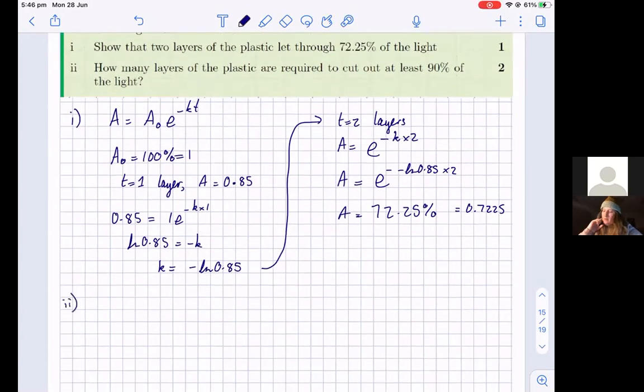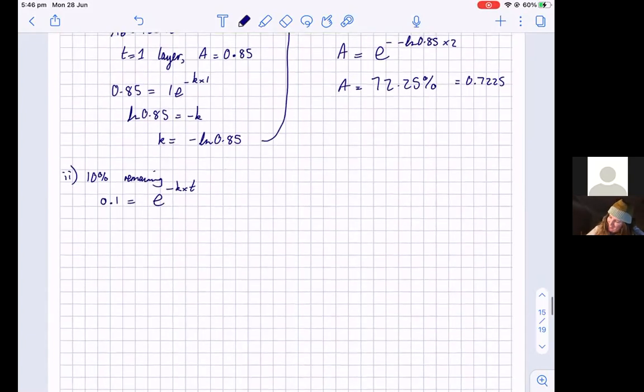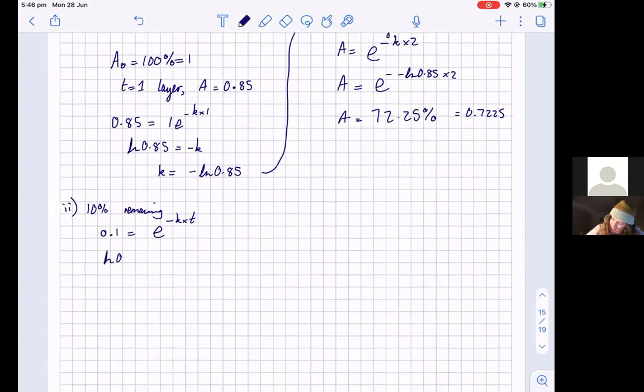How many layers are required to cut out at least 90%? So 10% remaining. So 0.1 equals e to the minus k times t, where t is the number of layers for this question. So ln 0.1 on minus k equals t. So t equals ln 0.1 over minus negative ln 0.85.